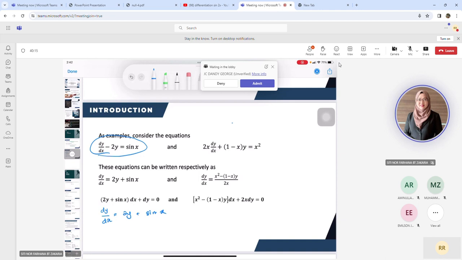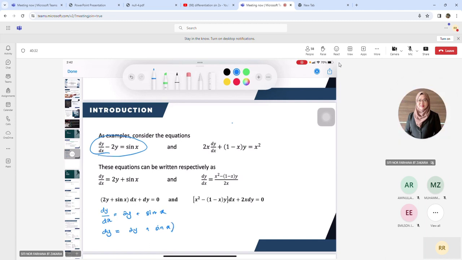So rearrange this one, you get dy equals 2y plus sin x dx.